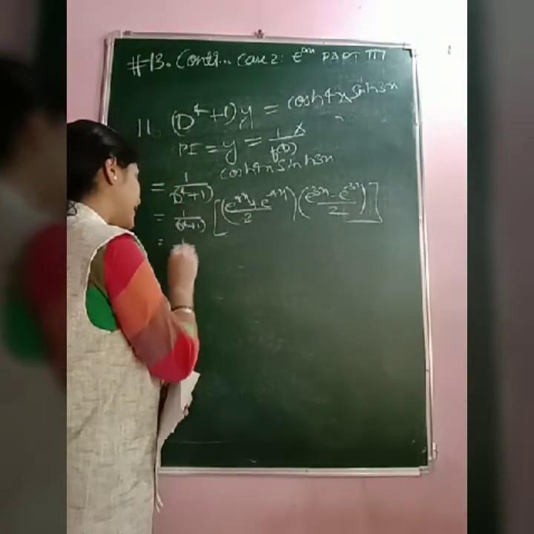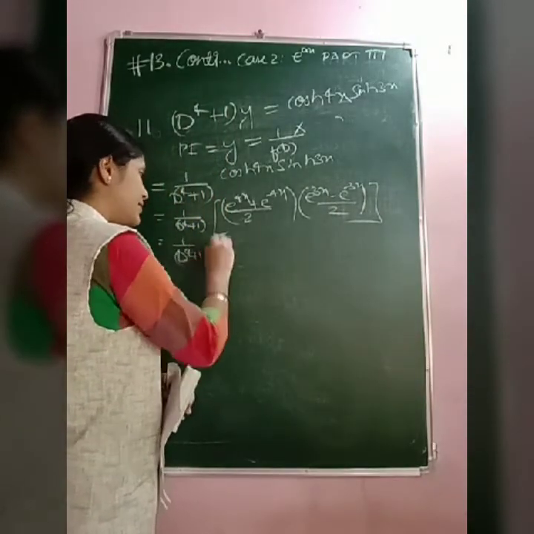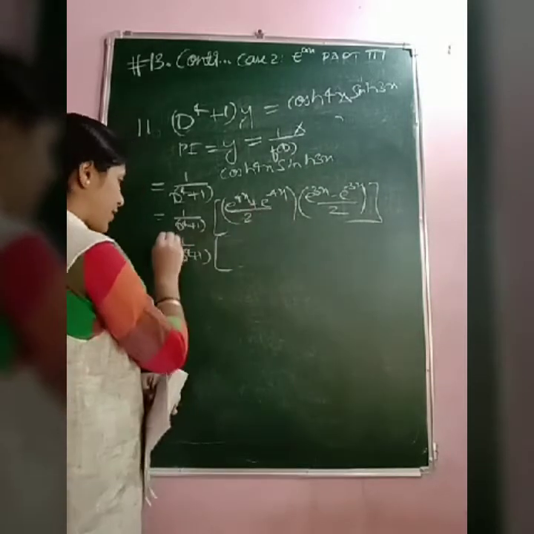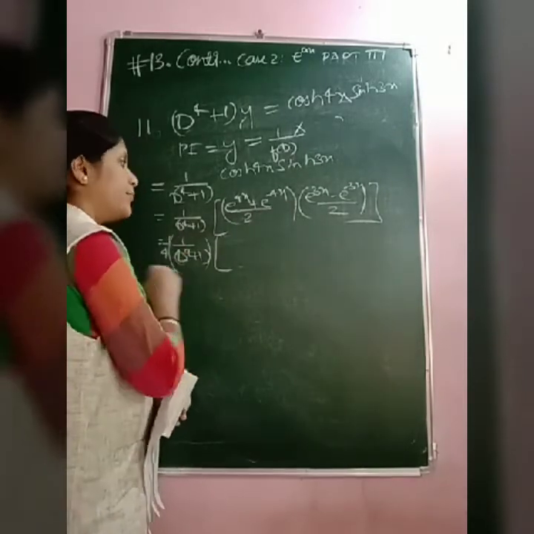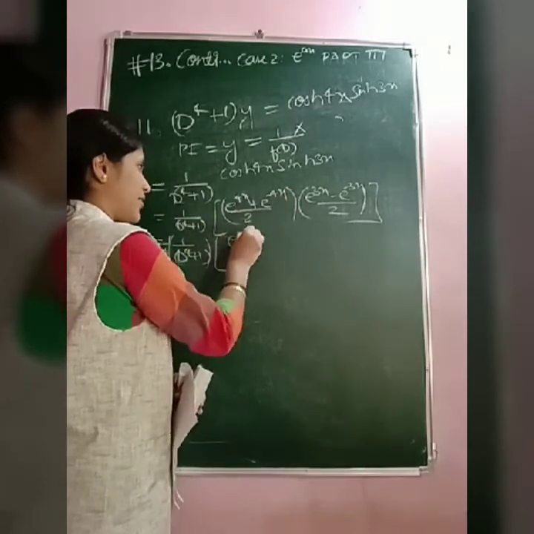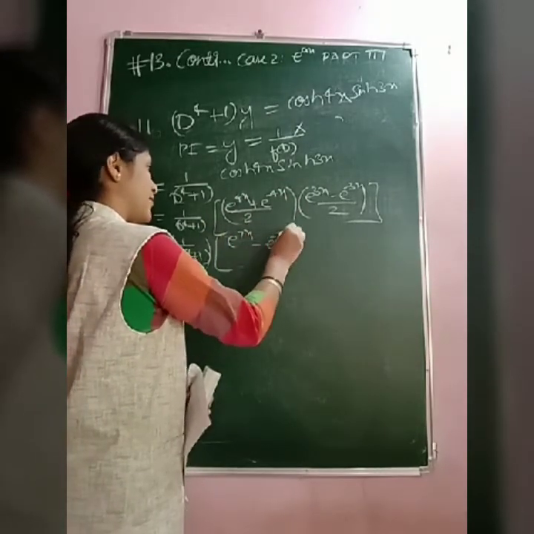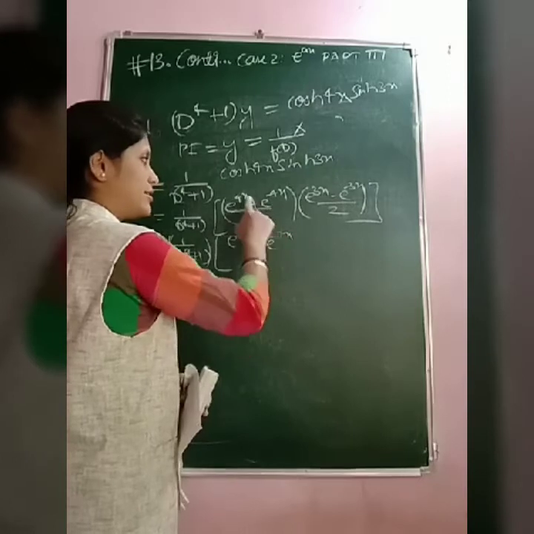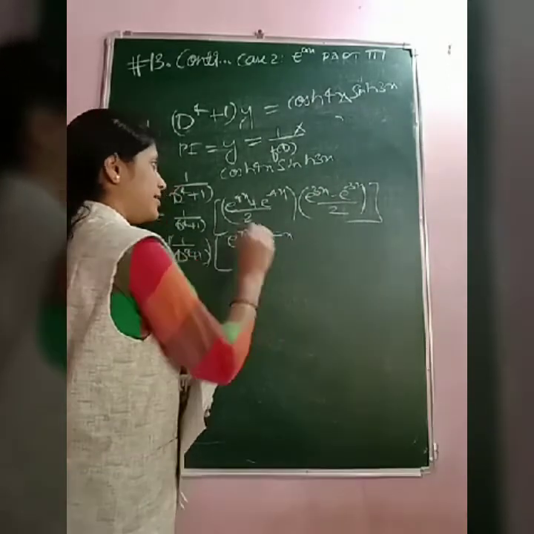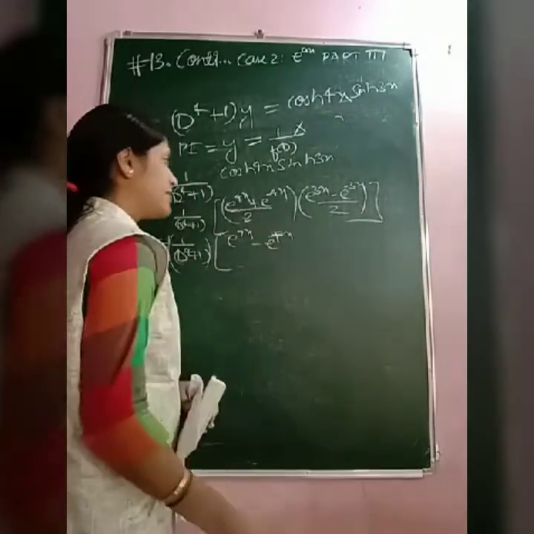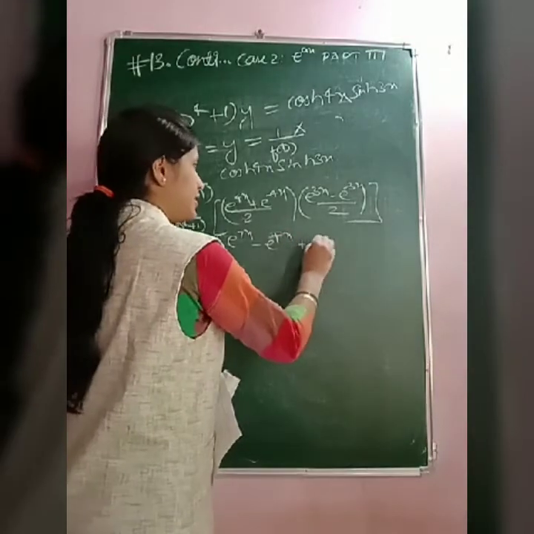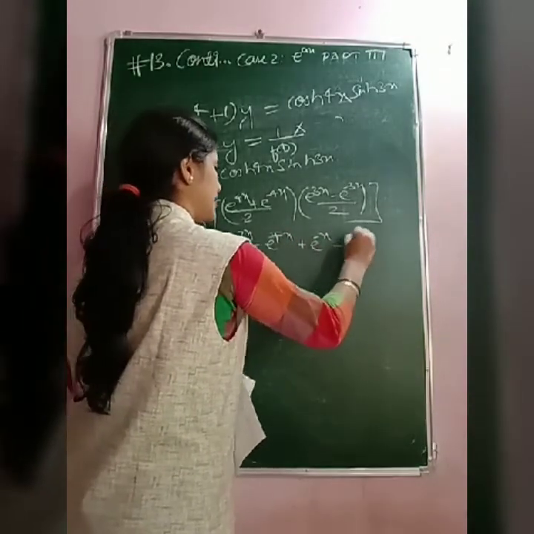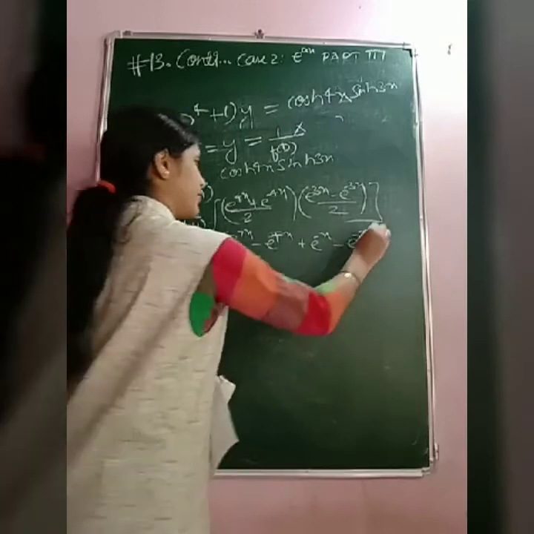So 1/(D⁴ + 1). Bases are the same, adding powers, so 1/4 I will write outside. So e^(7x) − e^(−7x)... sorry, what is this? Bases are the same, adding powers: e^(x). Next, plus e^(−x) − e^(−7x).